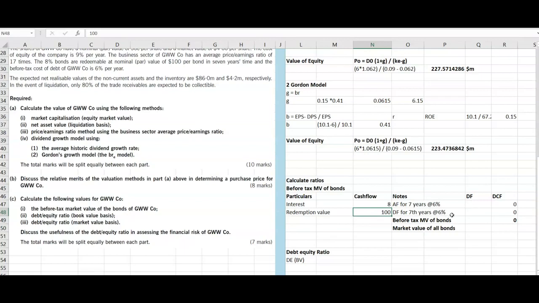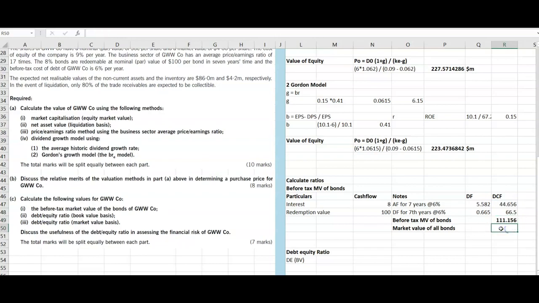So we have to look at the discount factors table. So this is an annuity factor table. This is a discount factor table. So these are the numbers. So now we can pull it. So cash flow into discount factor, you will get the number. Again, cash flow into discount factor, you will get the number. Total both, you will get the before tax market value of the bond.